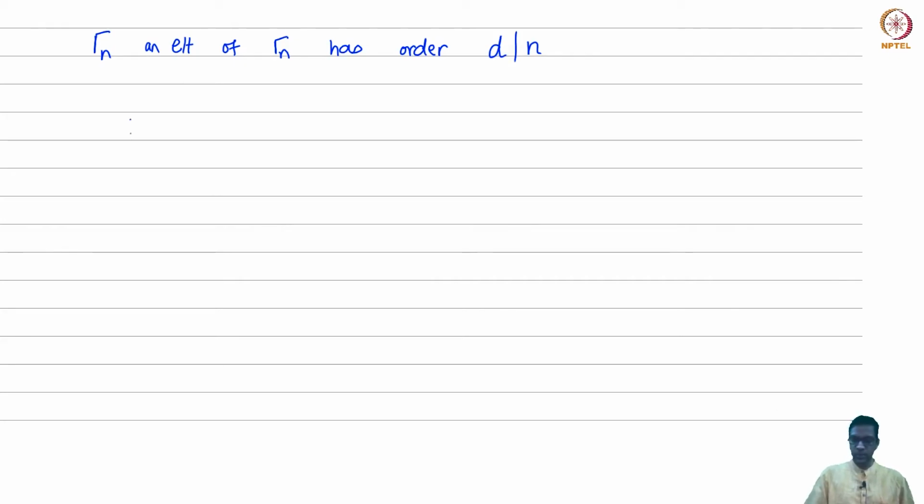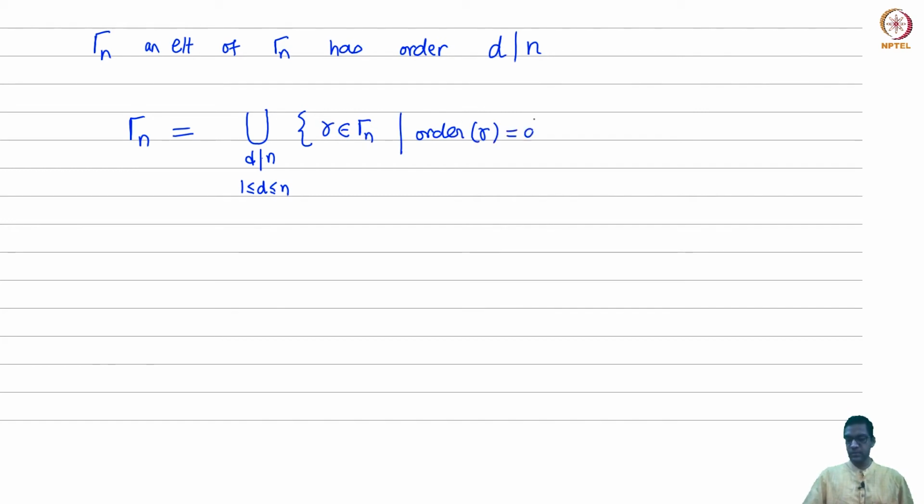So I can decompose gamma n as a union, and this union is disjoint. It's a union over all d dividing n, so d is a number between 1 and n, of the set of elements gamma in gamma n such that the order of gamma is d. So I can write gamma n like this as a disjoint union.